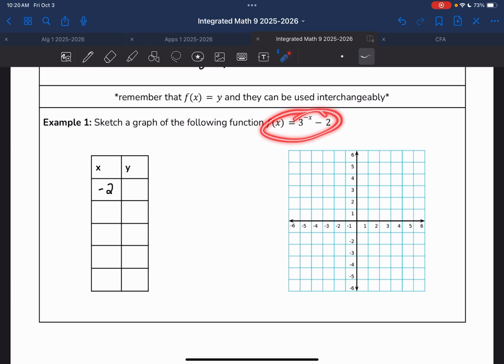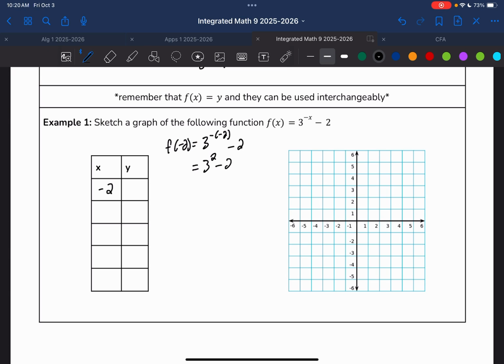Here we have an exponential equation. So f of -2 is equal to 3 to the negative second power minus 2. That's 3 to the second power... I mean 1 over 3 squared, minus 2.